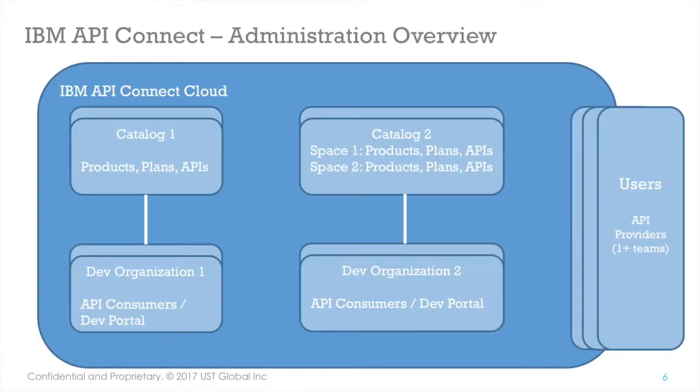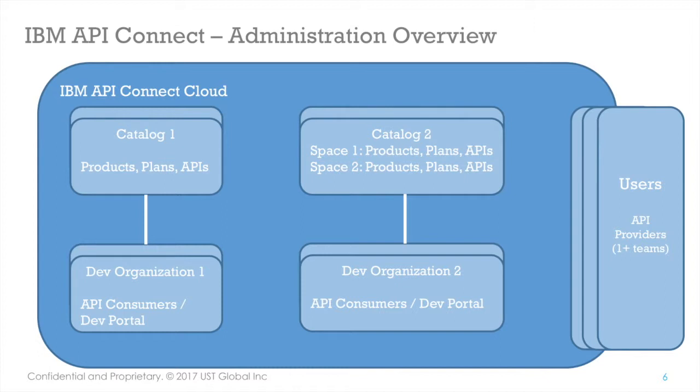The different ways we have to manage or to administrate those three elements, let's say APIs, plans and products, inside different catalogs and or spaces, is what we're going to learn today. So we have basically two different approaches.